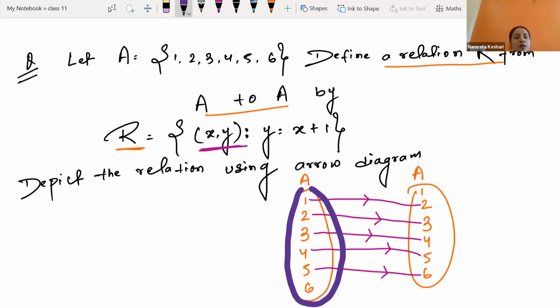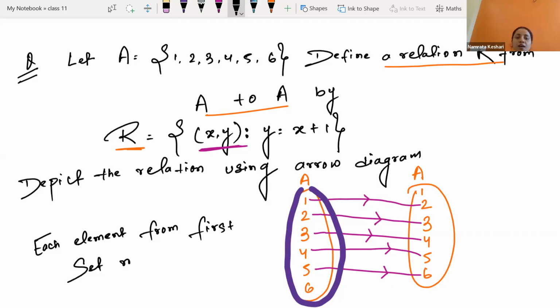Yes, sir. Okay, so rule number 1: each element from the first set must have its image in the second set.